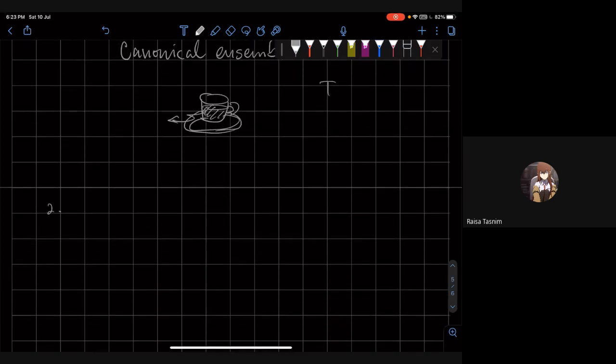Another one was that, when the total energy of the system was fixed, in that case, the probability that the system is in some state is just given by 1 over the number of possible configurations. And of course, the log of the number of possible configurations is what is known as entropy.